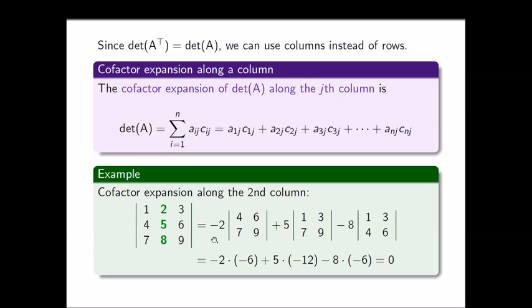So we're going to get 2 times minus determinant of 4, 6, 7, 9 plus 5 times the determinant of 1, 3, 7, 9 plus 8 times the determinant of 1, 3, 4, 6 times minus 1. You simplify this, and you again get that it's 0.